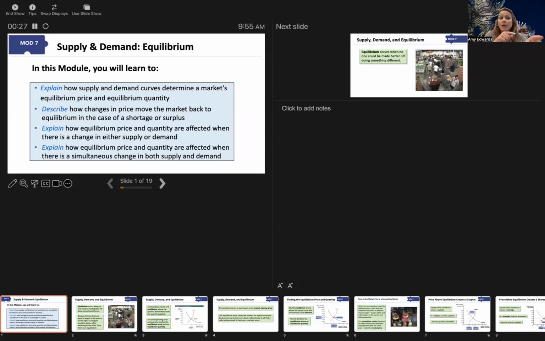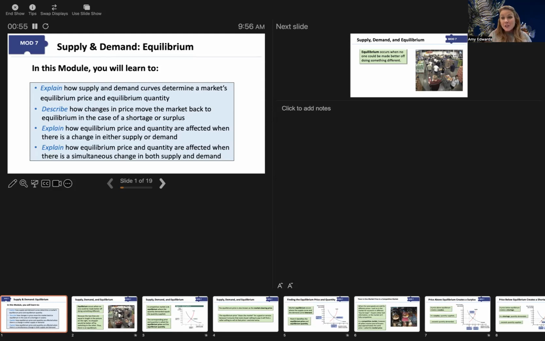Okay, so we're going to be able to explain how these supply and demand curves determine the equilibrium price and equilibrium quantity. We're going to talk about how changes in price can move the market back to equilibrium if there's a shortage or a surplus. Then we're also going to explain how equilibrium price and quantity are affected when there's a change in either supply or demand.